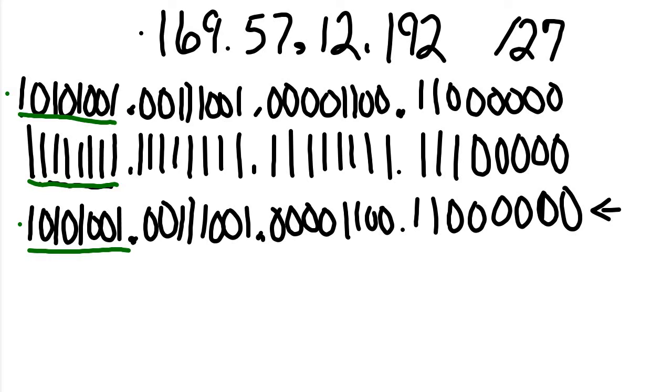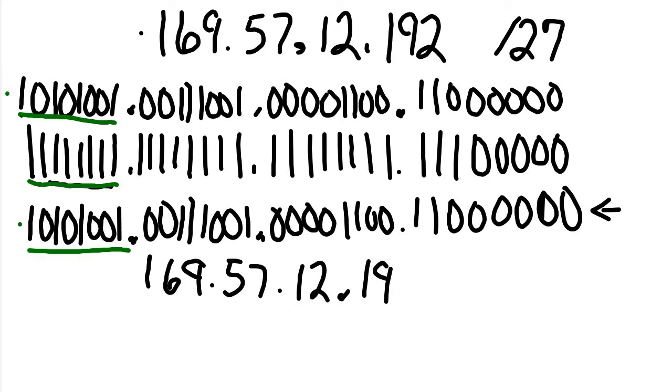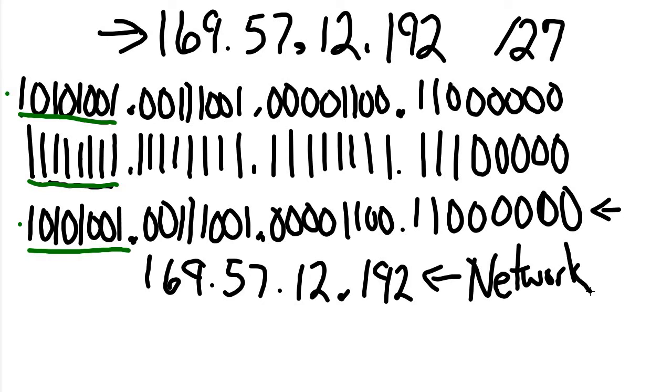We're going to convert it back into decimal, and I get 169.57.12.192. So does this number that's my network address match the number that I was given? And it does. So the number that I was given this time is a network address.